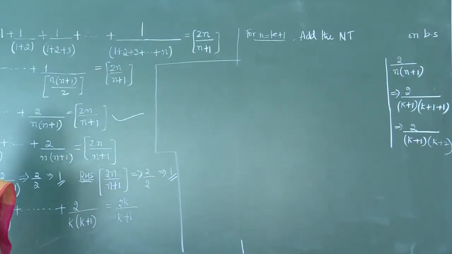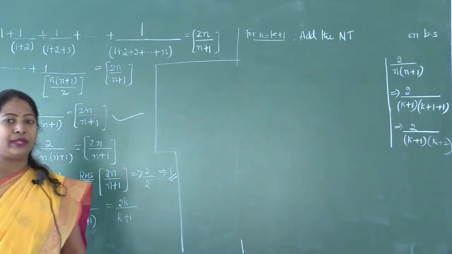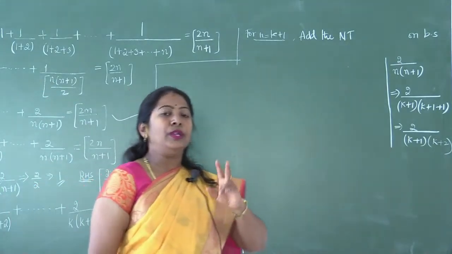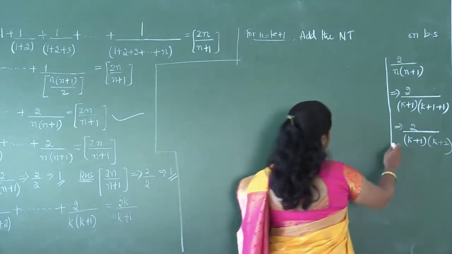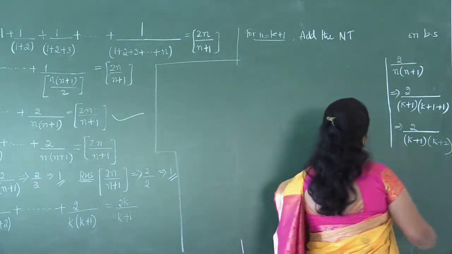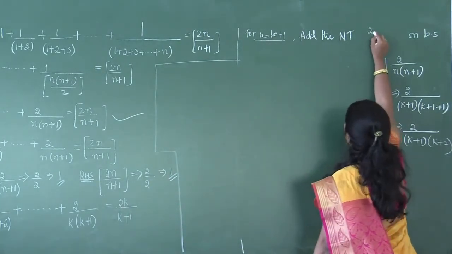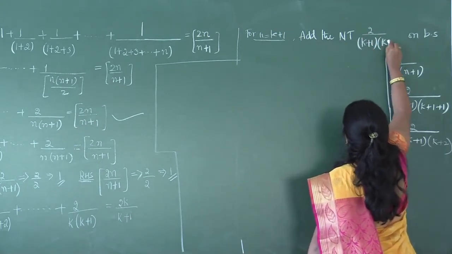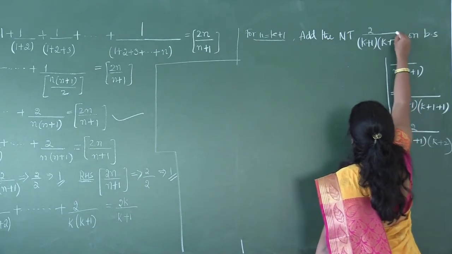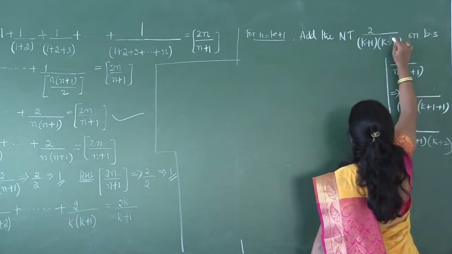So, 2 divided by k plus 1 into k plus 2 will be my next term, which I am supposed to add on both the sides. So, this is the next term. Make a note of it in the working column. Next term will be 2 divided by k plus 1 into k plus 2. This is the next term.